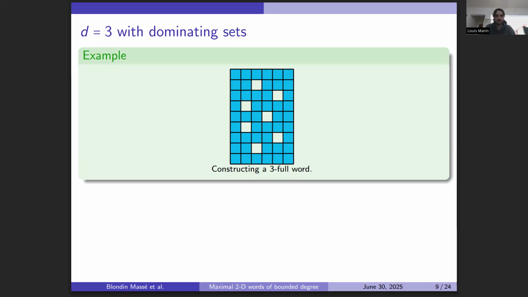So they already all comply with this rule. But the interior cells, the cells that are not on the border, all need to touch at least one empty cell. And that's basically the definition of a dominating set: either you're in the set or you touch a vertex in the set. So if we remove every interior cell in your dominating set, you get a threefold word.